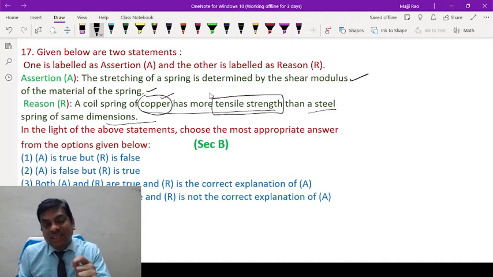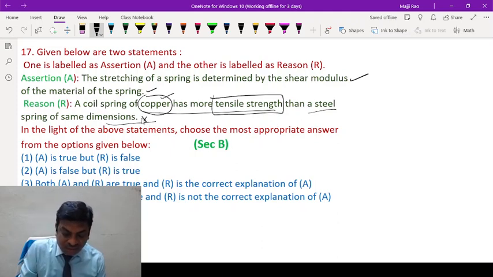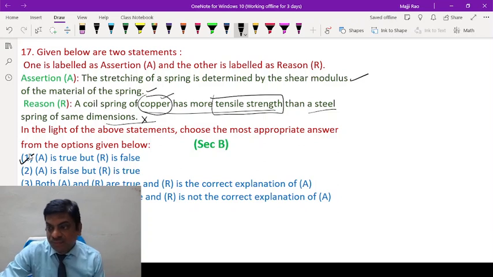The maximum stress which a copper wire can bear is known as the tensile strength of copper. Similarly for steel. So this statement is wrong. The correct option is: A is true and the reason is wrong. So the first option is the correct option.